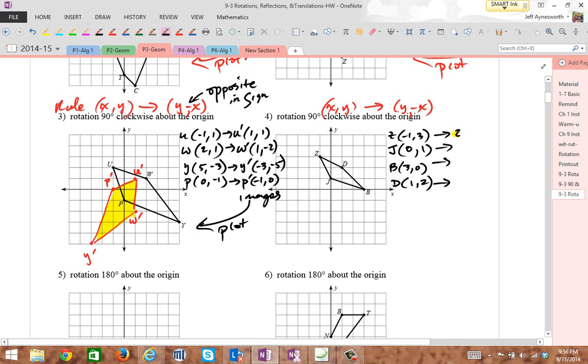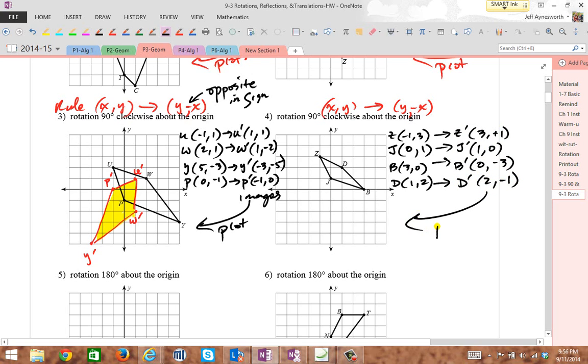All right, so Z prime, you switch, take the opposite of x, which is positive 1. You switch for J prime, and you take the opposite of 0, which is 0. B prime, you switch, take the opposite of 3. D prime, you switch, take the opposite of 1.